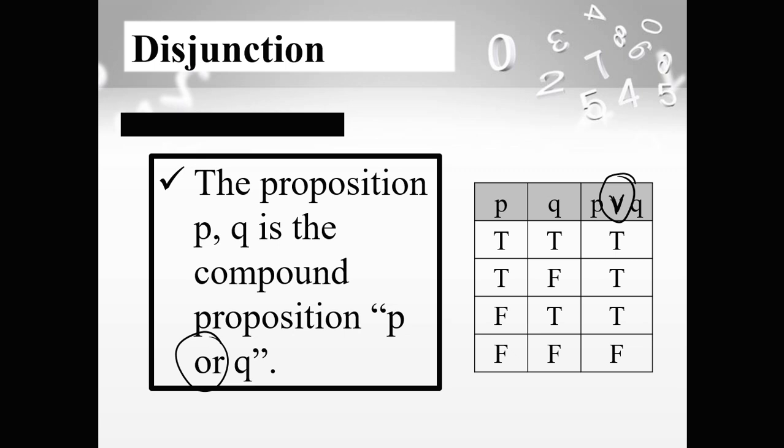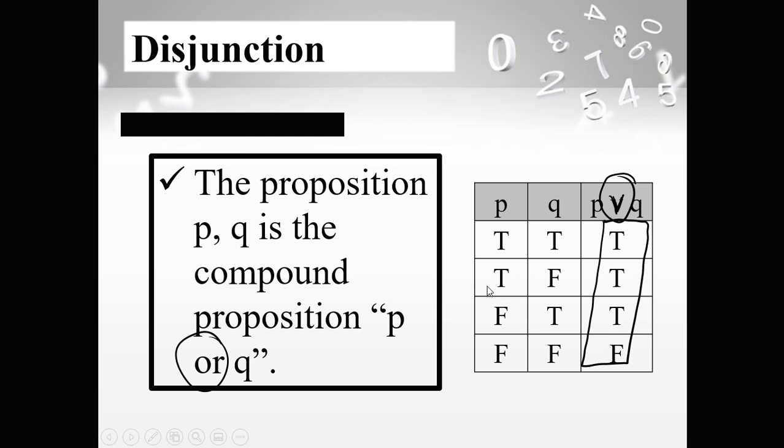As you can see po, for the table of disjunction, look at the final answer. If both of your statements are false, then the whole statement will be false. The rest, true. Ayan, parang kabaliktaran siya ni conjunction. Kay conjunction kasi, kapag parehong true yung statement mo, final answer will be true. The rest, false.